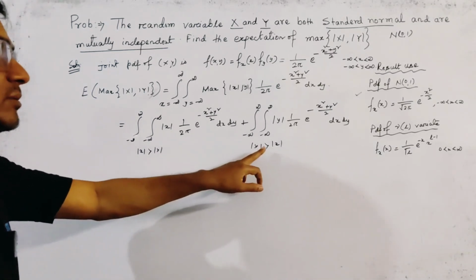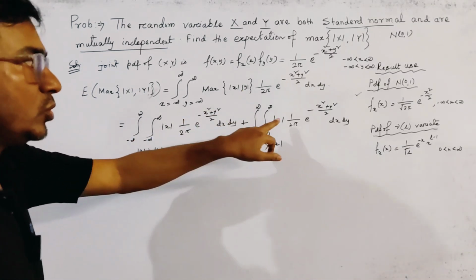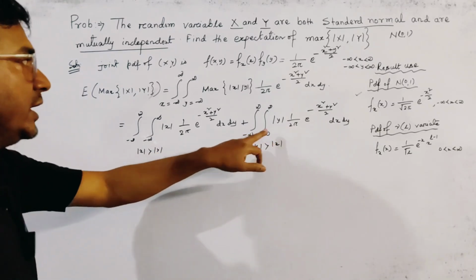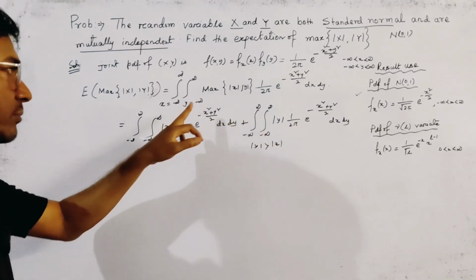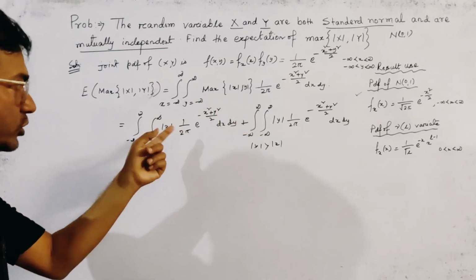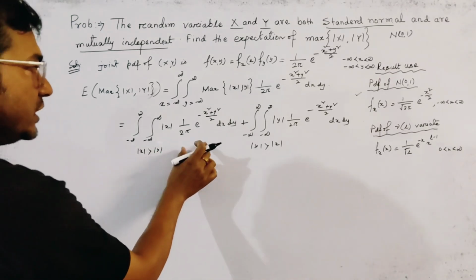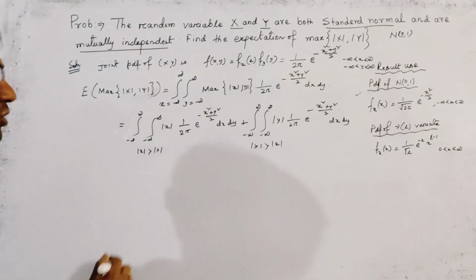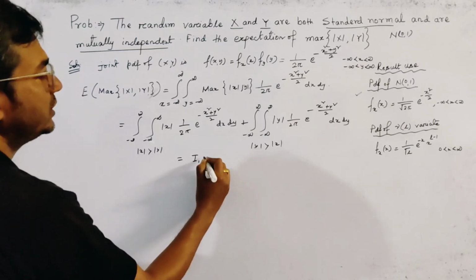When |y| is greater than |x|, then the maximum is |y|, so we get |y| here, and when |x| is greater than |y|, then the maximum is |x|, so we put |x| here. Okay, now we consider the first integration as I1 and the second as I2.